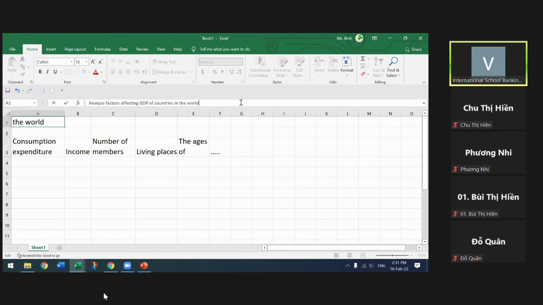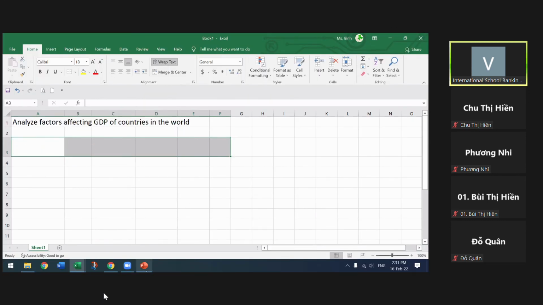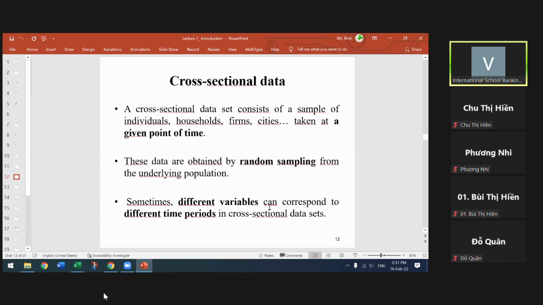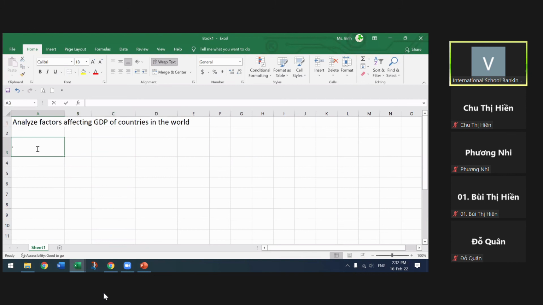Normally, we get the latest data, the most updated data. So this is how we can explain that different variables can correspond to different time periods in a cross-sectional data set. Okay, so here we have the countries.